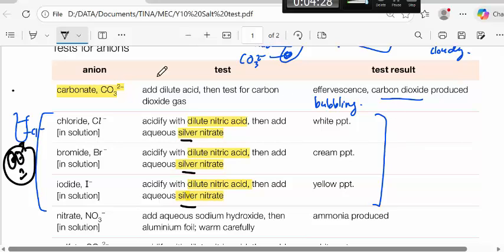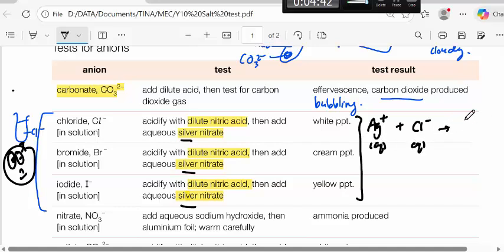Why do you see these precipitates? Do you remember what happens? Silver plus chloride, aqueous plus aqueous, become silver chloride. Remember this? This one is a white precipitate. Precipitate means a solid that you see. Silver plus bromide gives silver bromide, also a solid, cream colored, a bit darker.